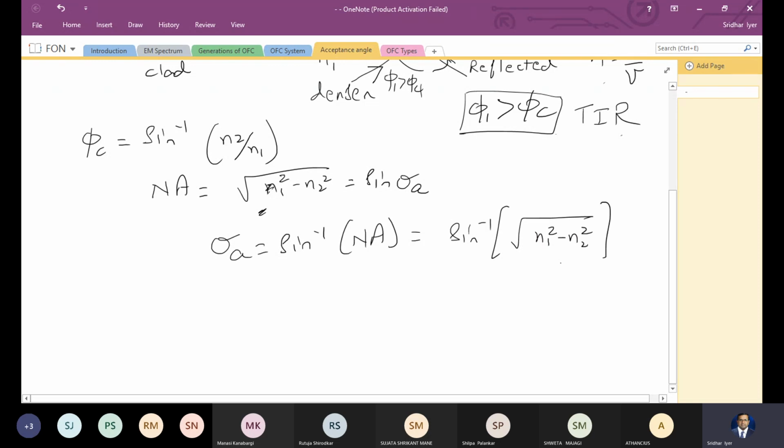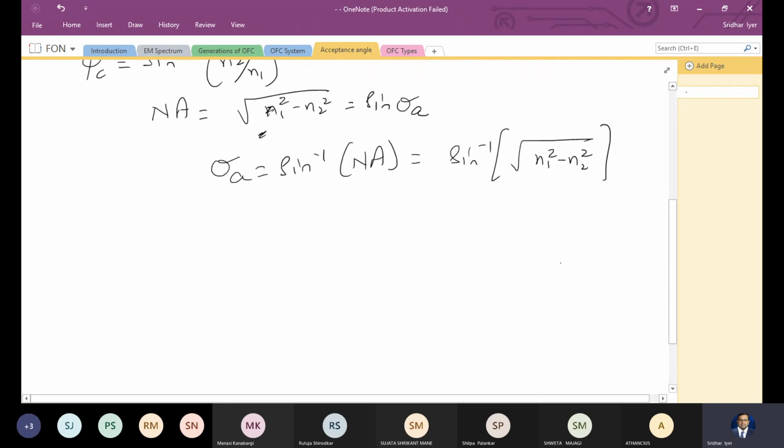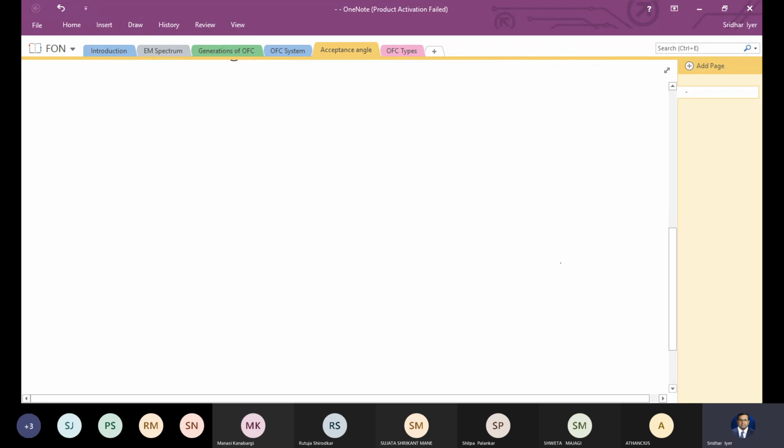So today we are just going to be deriving that particular factor. Right? So what we are going to do now is the derivation for the acceptance angle, or in particular the relation between numerical aperture, which is the light gathering capacity of an optical fiber.